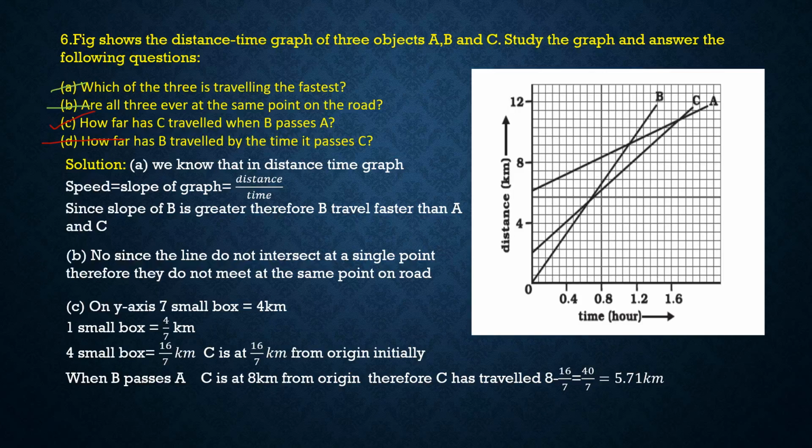So we see that when B passes A, C is at this point, and this point is at a distance of 8 km from the origin. But initially when time is 0, C is here. So when B passes A, we have to calculate this distance.